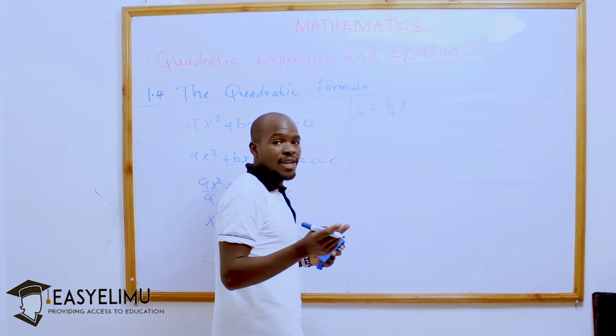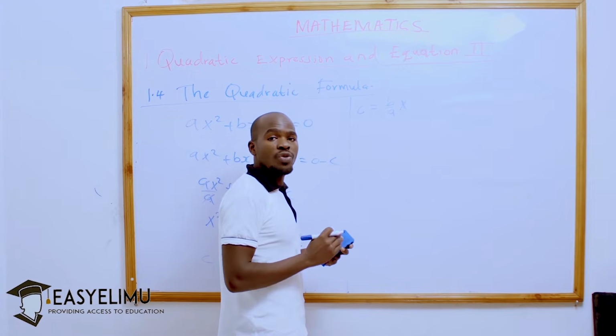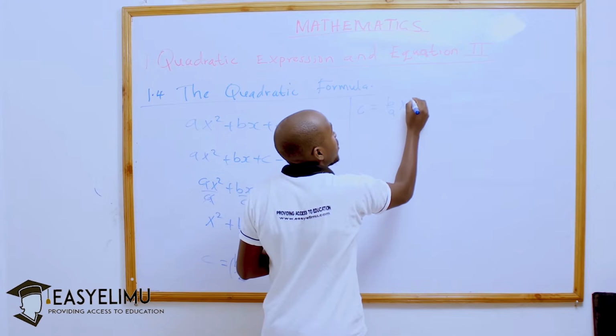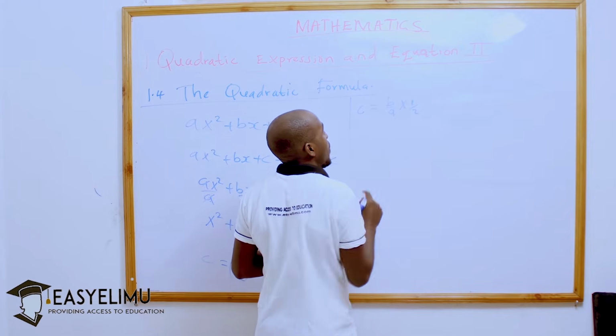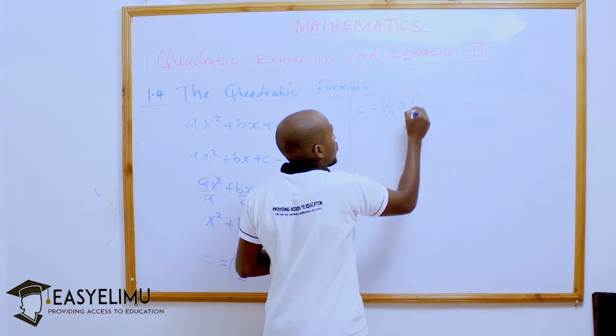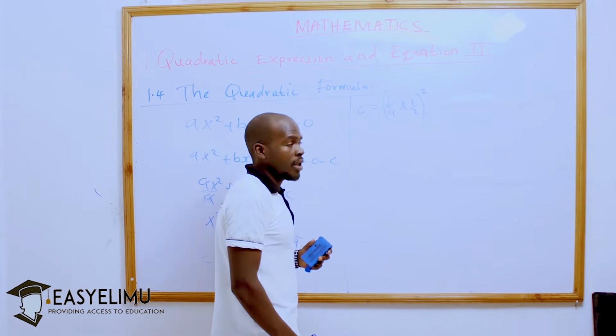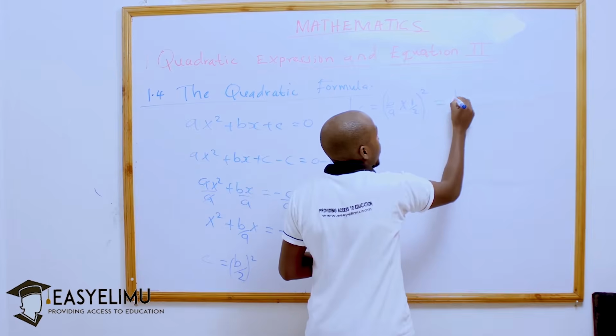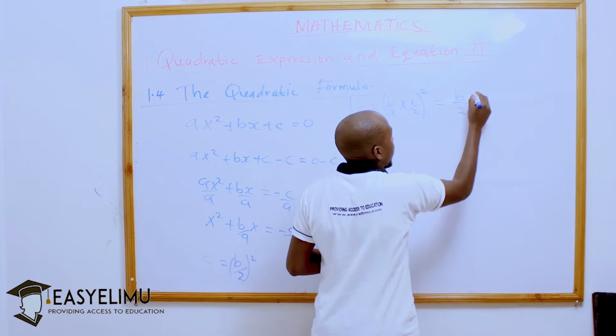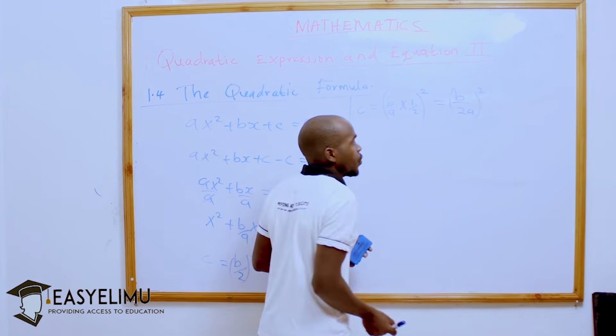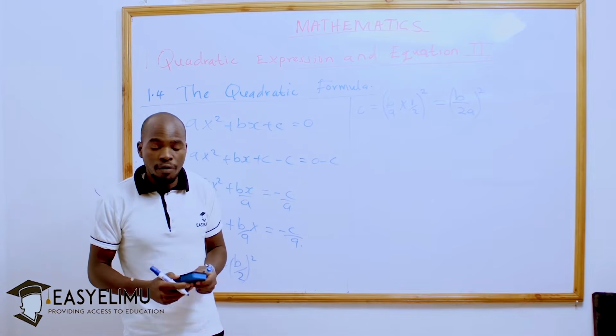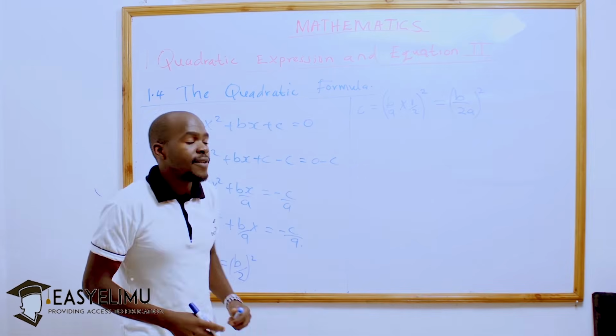Dividing by 2 is the same as multiplying by the reciprocal of what we are dividing with. So we multiply by a half, and we square it. We get b over 2a, squared, and that is the value of our c.